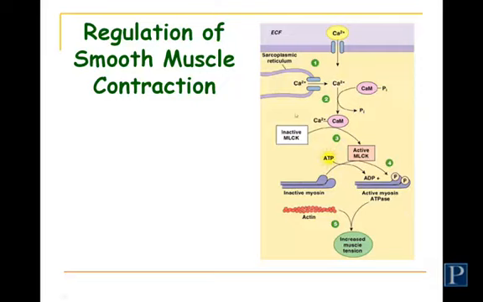Just like with any type of muscle contraction, if calcium levels are too low, we're going to start sequestering calcium in the sarcoplasmic reticulum using calcium ATPase or the sodium calcium antiporter. These enzymes can also be on the cell membrane to move calcium into the extracellular fluid. If the calcium levels within the cell drop, you will not have smooth muscle contraction. That's the same as what you see with skeletal muscle.